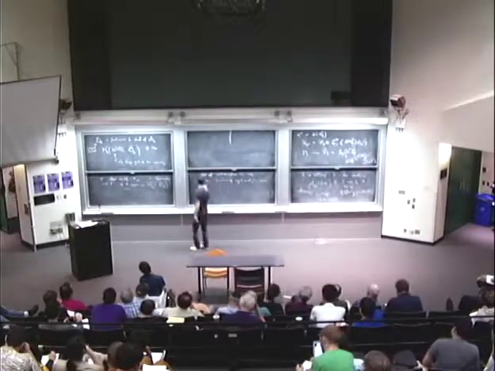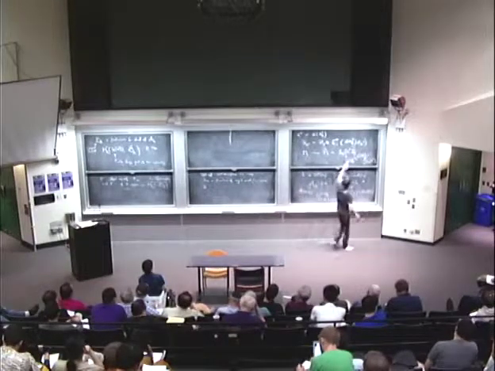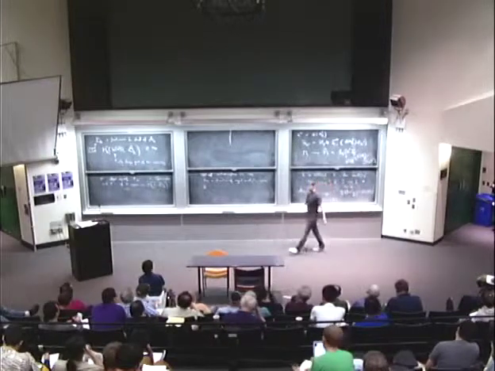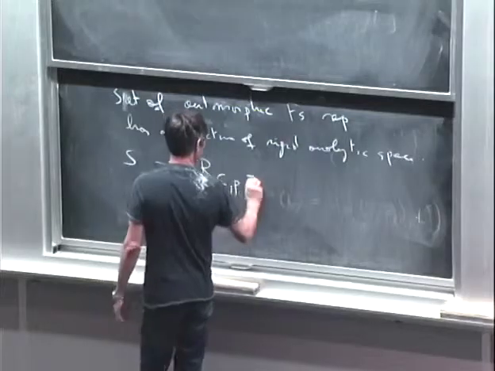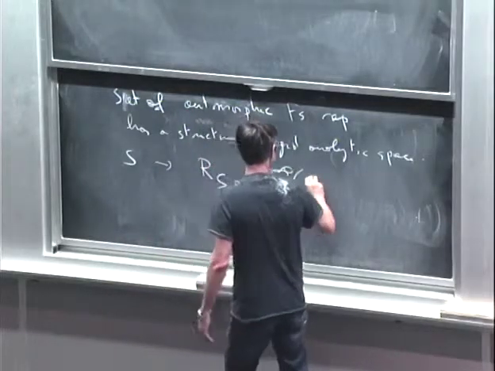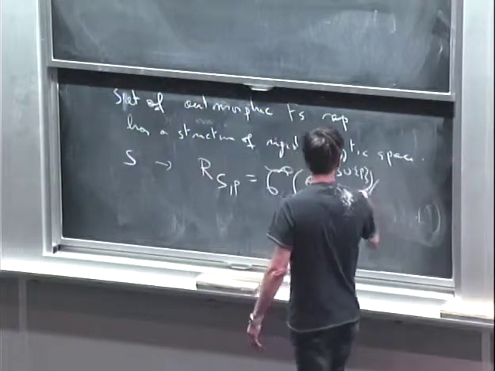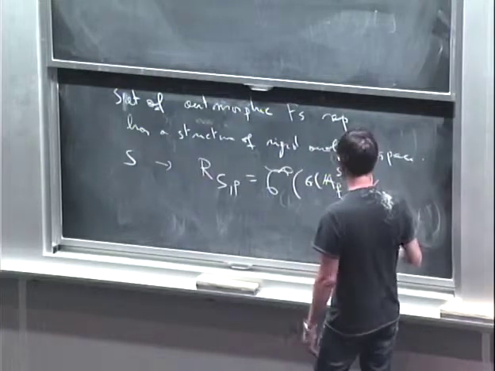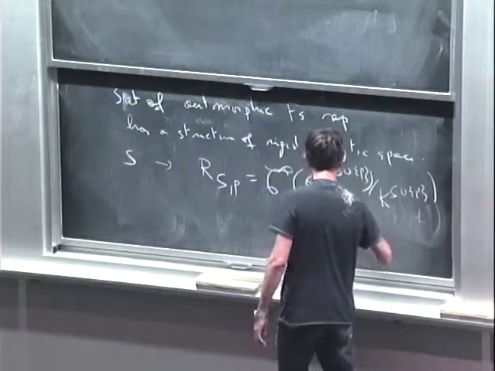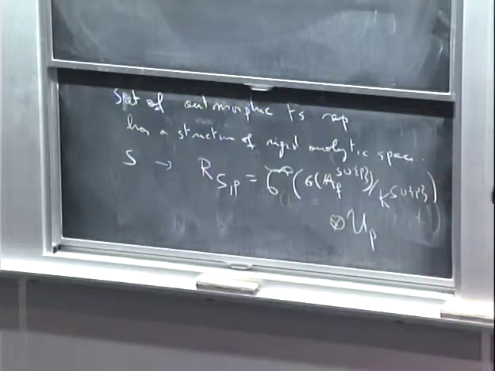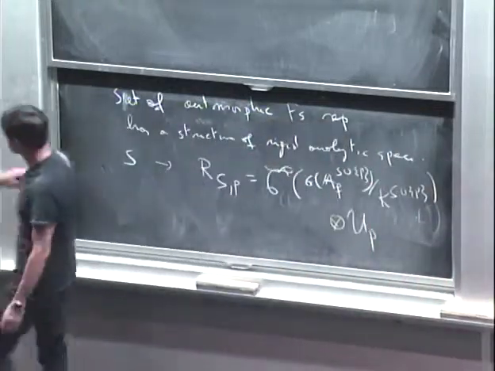If I call S the finite set of primes where Kp is not spherical, then we can look at R_{S,p}, which is just the spherical Hecke algebra away from S and p. And then, of course, you keep the U_p operators, the U_t operators. And so this is a commutative algebra. Actually, it even belongs to the center of this one.